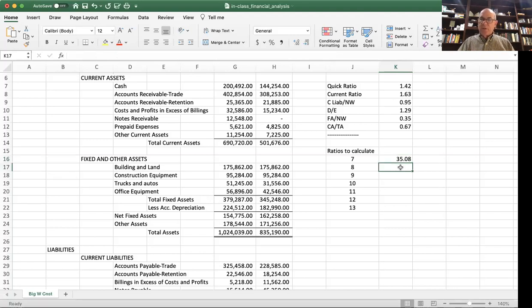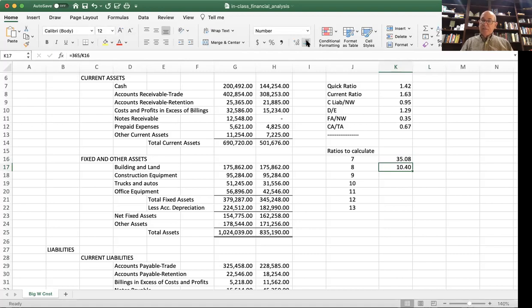The next one is receivable turns, and again, we're doing without retention right now, and this is very simple, right? This is the 365 days in a year divided by the average time for that turn, if you will, the collection period, and so that gives us 10.4.